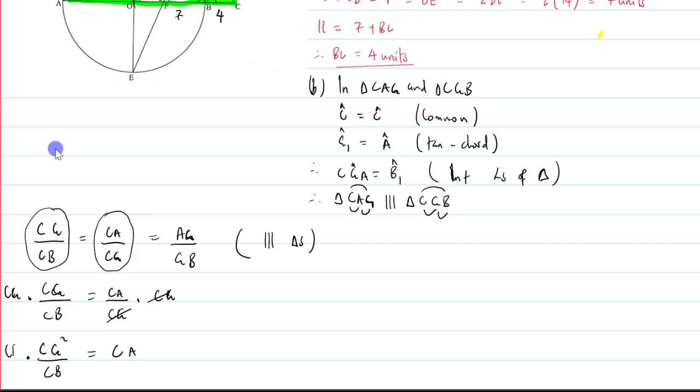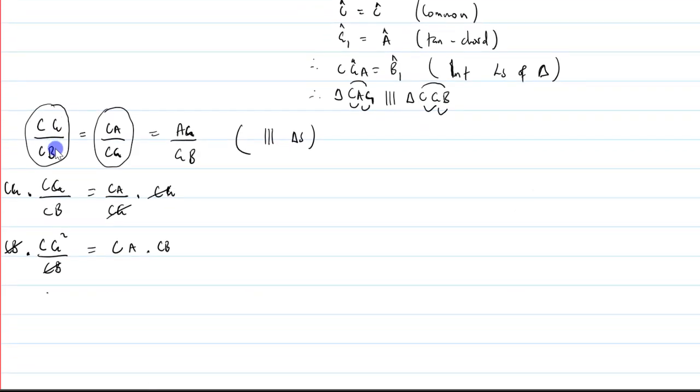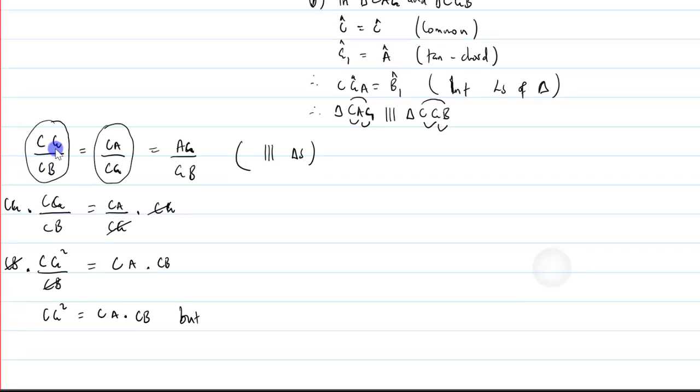Then I'm going to multiply both sides by CB as well, so that's going to cancel out to that, and then making more space means that your CG squared has to equal CA multiplied by CB. I hope you follow.